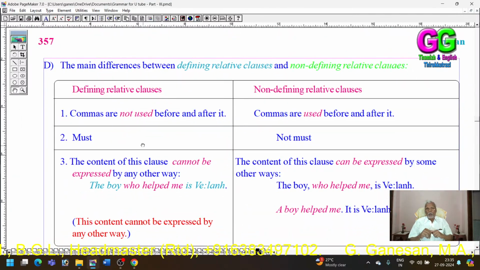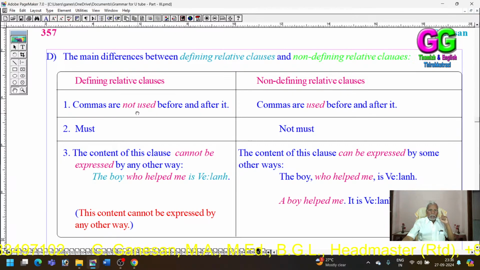Then, my dear students, four. The main differences between defining relative clauses and non-defining relative clauses. Main difference: in defining relative clauses, commas are not used before and after them. But in non-defining relative clauses, commas are used. My dear students, my dear teachers, where must a defining relative clause be used?